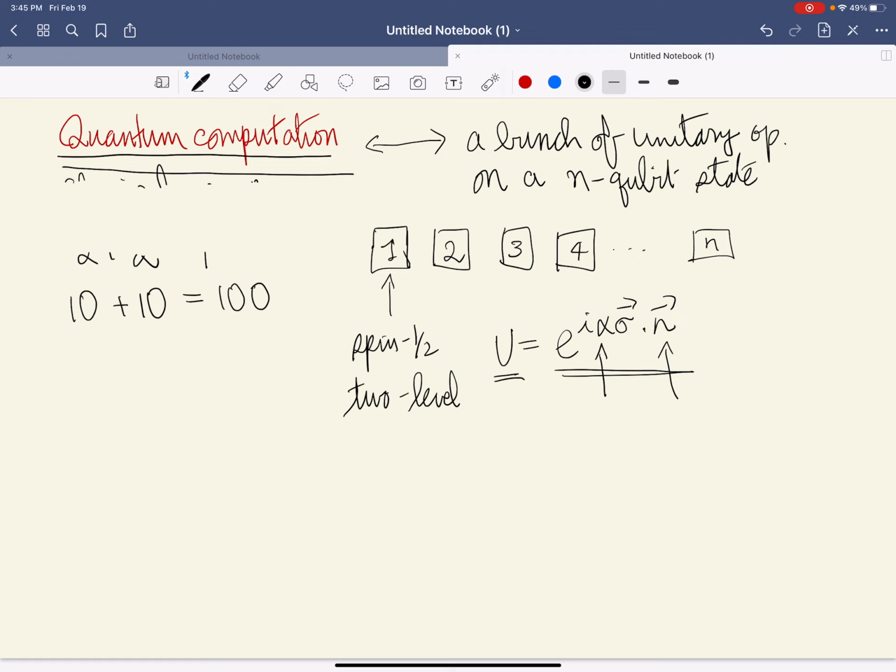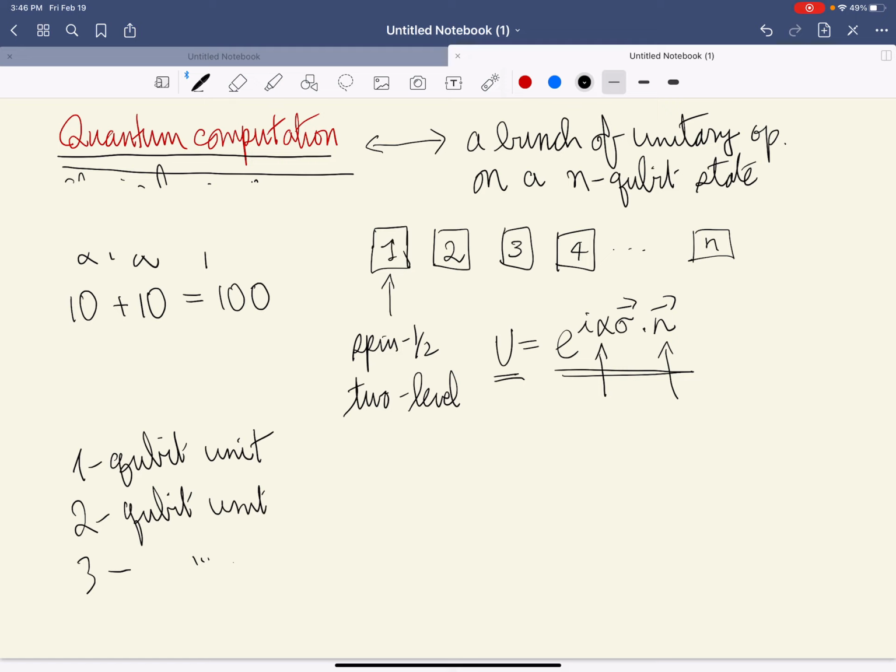However, we also learned that it's possible to perform a two qubit unitary. So, in principle, you can have a one qubit unitary operation, but you can also do a two qubit unitary operation or three qubit unitary operation, and so on.